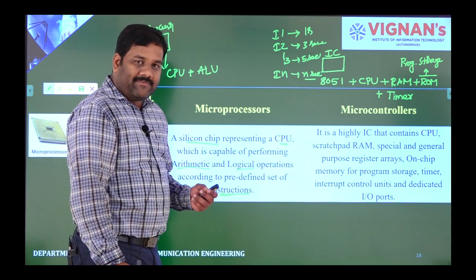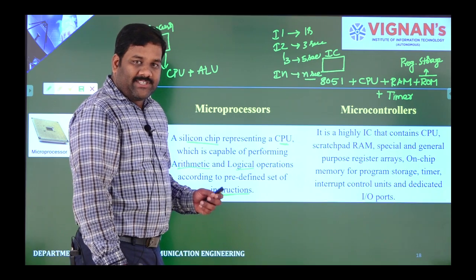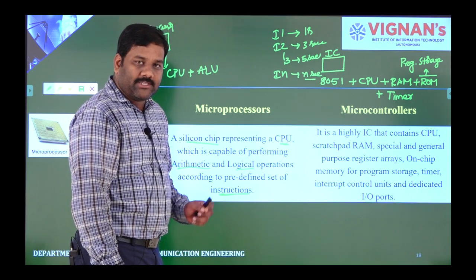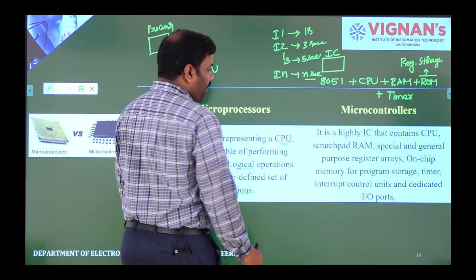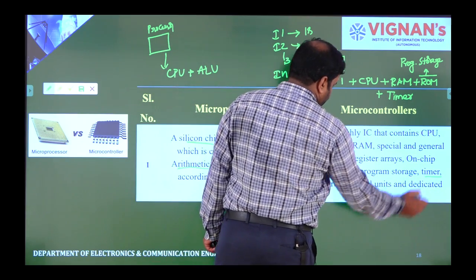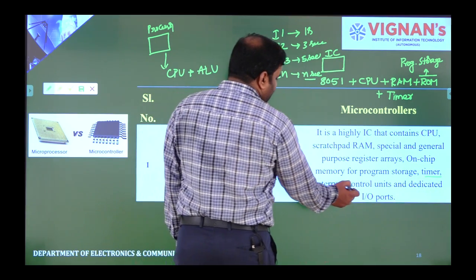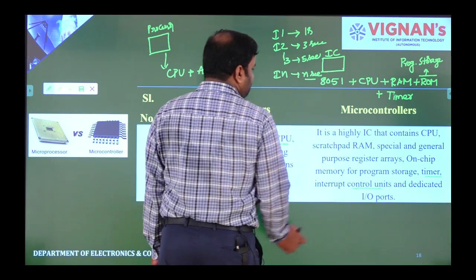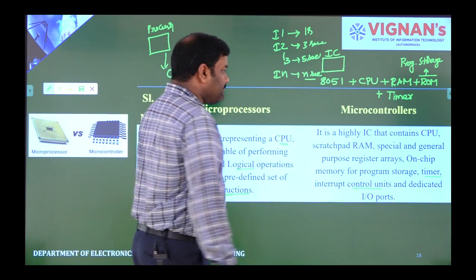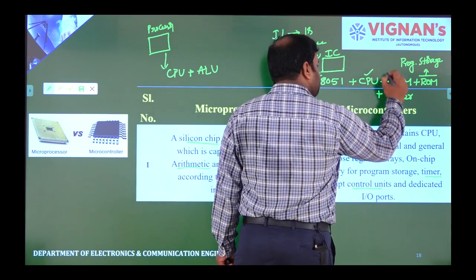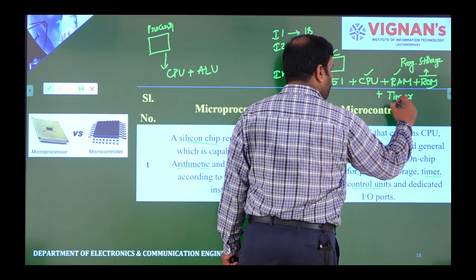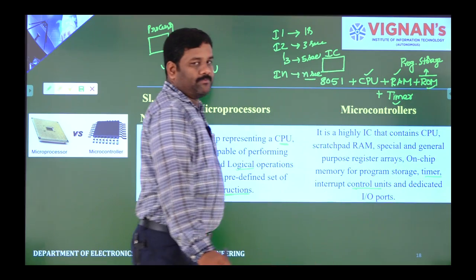Which instruction has to be executed at which time instant can be decided already by using the timer. And the internal control units are performed by the CPU, RAM, ROM and timer also.